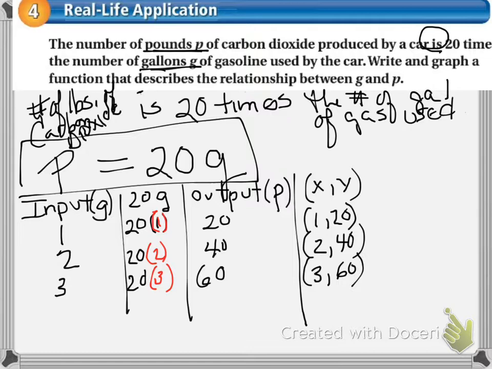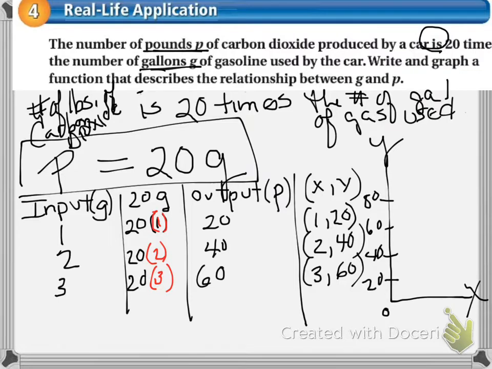Now, we can go ahead and plot those points as well. I'm just going to do a quick graph, and this is our 0. I'm going to say it's going by 20s: 20, 40, 60, 80. And these will go by ones: 1, 2, 3.